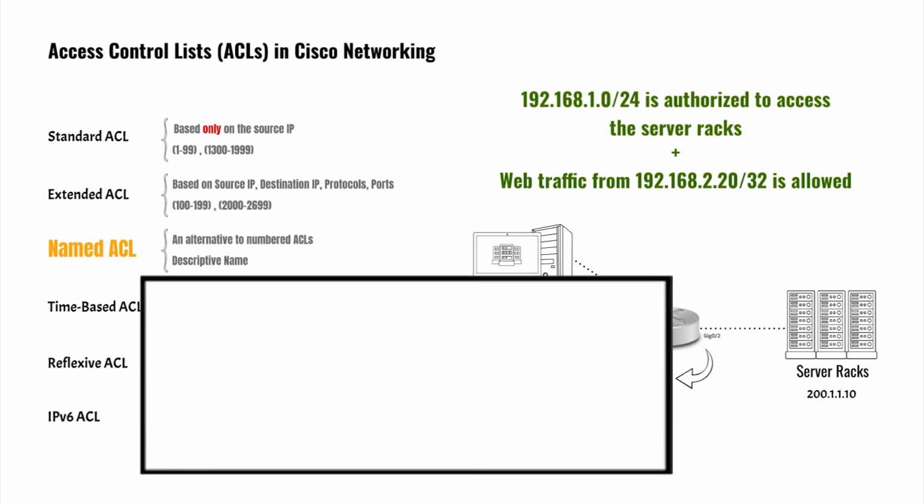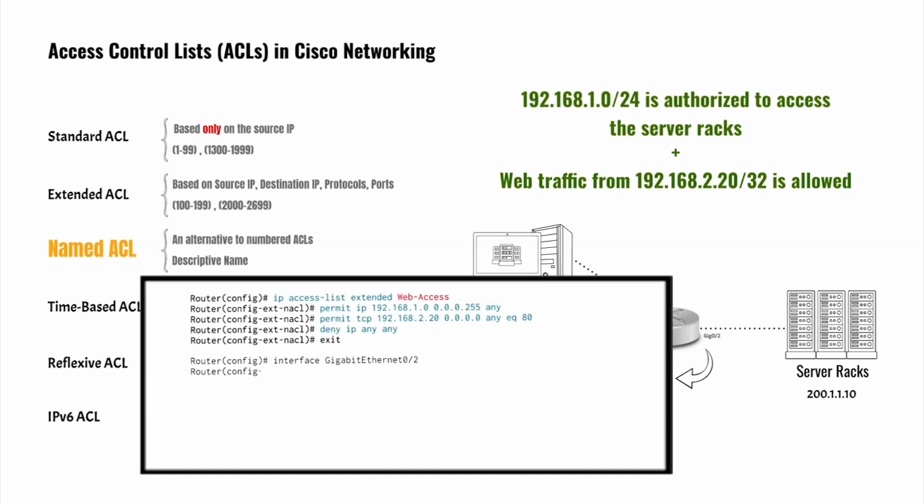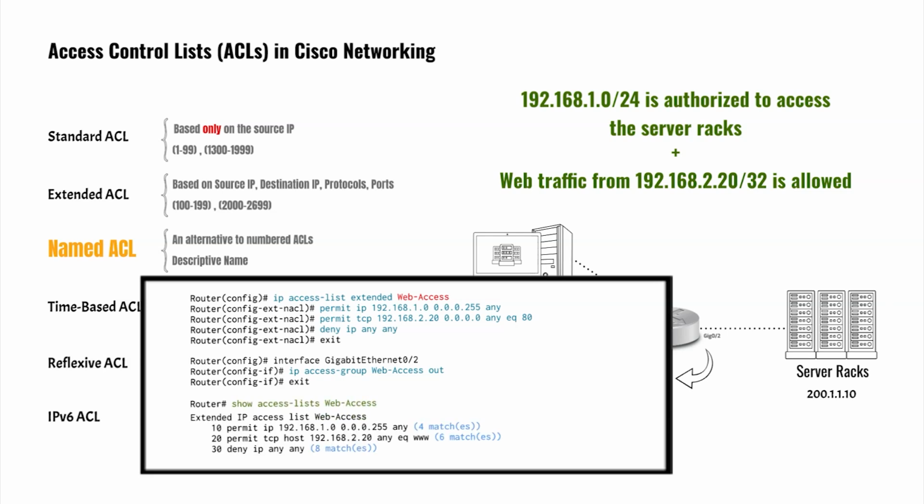As you can see, the Named ACL web access is an extended ACL applied to outbound traffic on Gigabit Ethernet 0/2. It follows the same configuration principles as a numbered extended ACL, but replaces the numeric identifier with a descriptive name for improved readability and management.